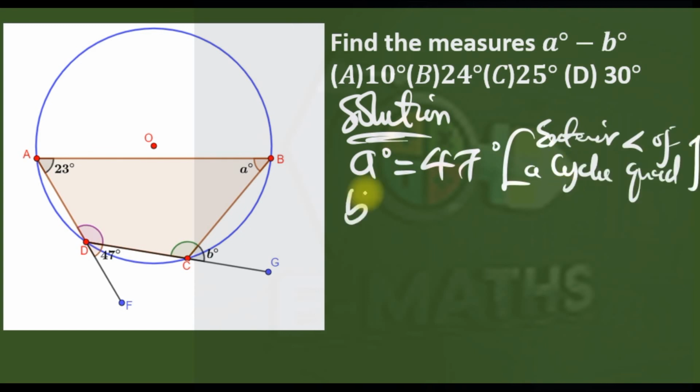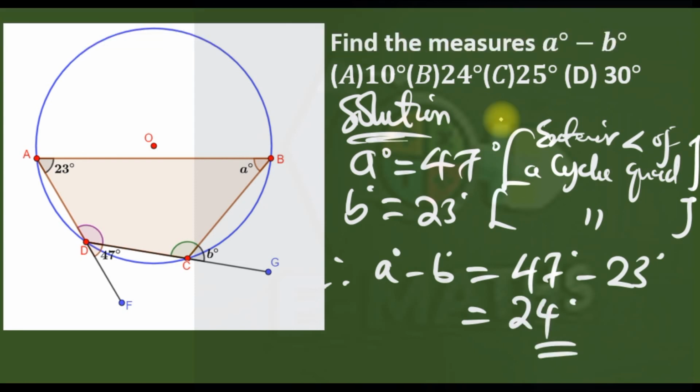So also b is equal to 23 degrees by that same reason. Remember, we're asked to find a minus b, therefore a degrees minus b degrees, 47 minus 23, which is option B.